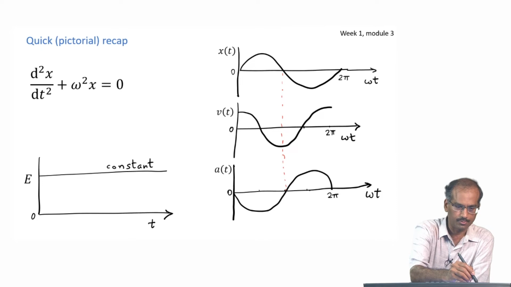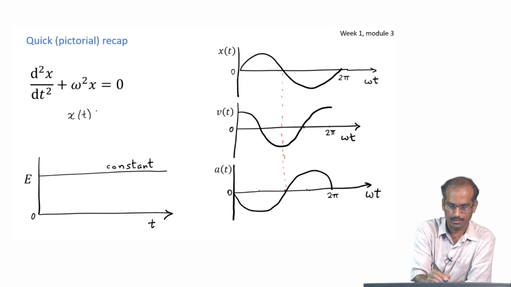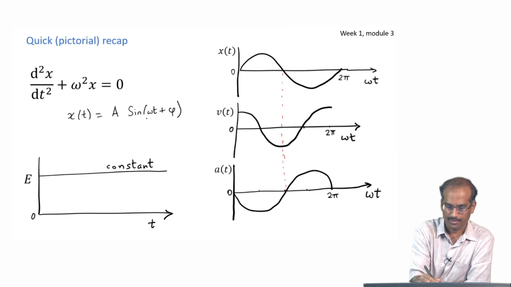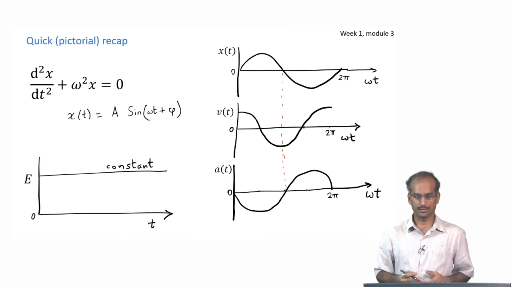One possible solution we wrote down was displacement equal to A sin(omega t plus phi), where phi in general is some phase.